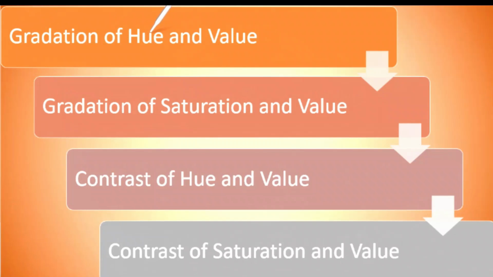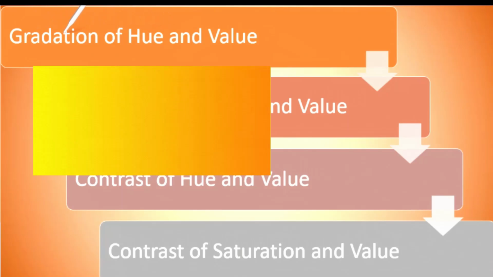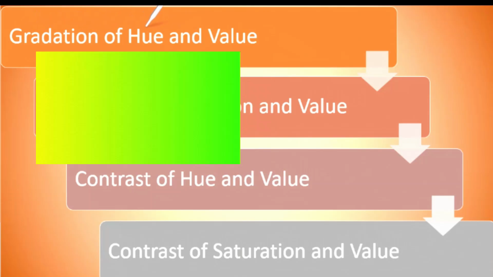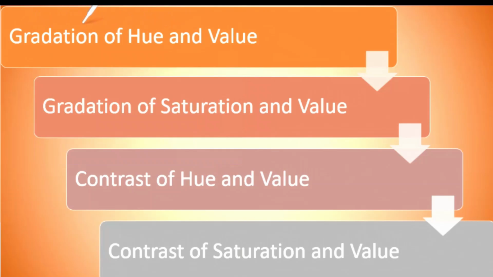So when we say that a hue is gradating, we're talking about one hue moving into another. Yellow gradating towards orange, or yellow gradating towards green, or any of the hues gradating towards another hue. That's what we mean by gradation of hue.